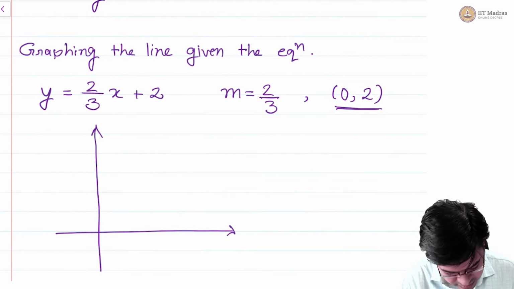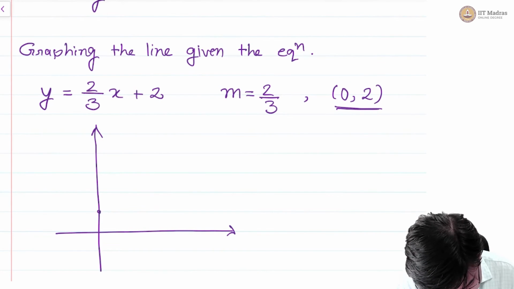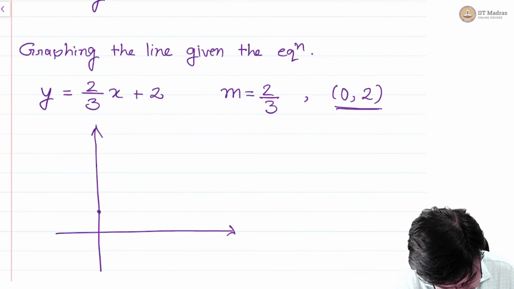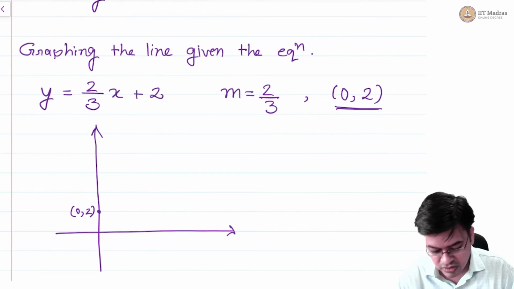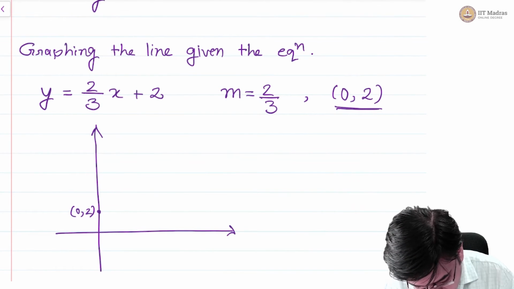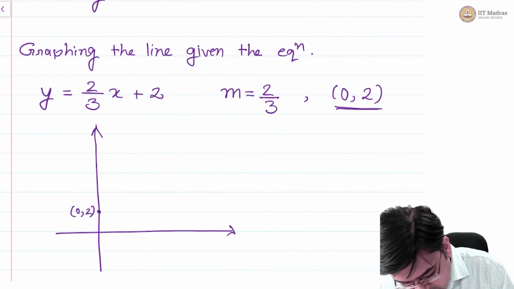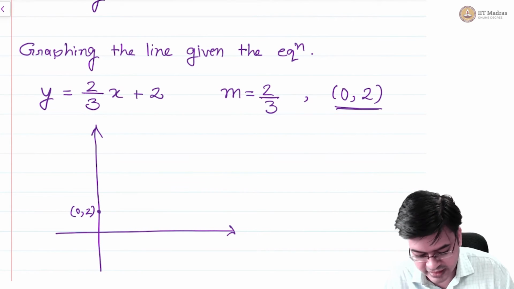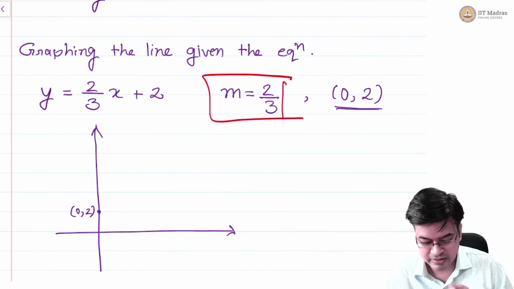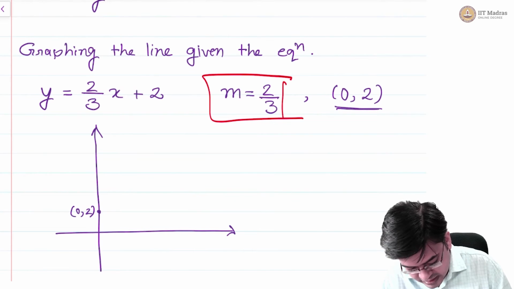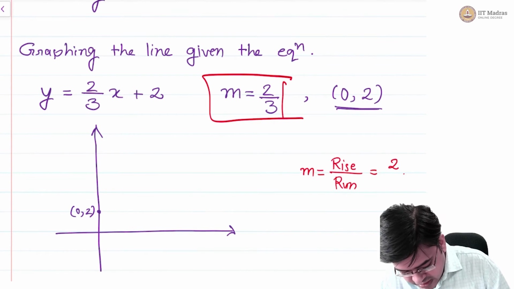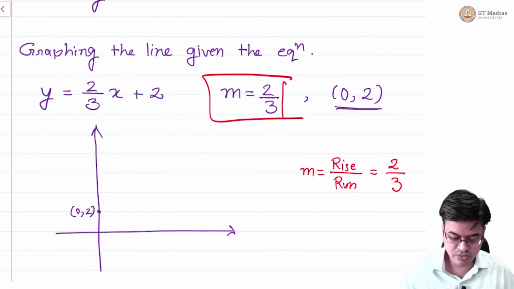0 comma 2 on this axis will lie somewhere here. So this is the point 0 comma 2. Now you have been given that the slope of this line is 2 by 3. That means m is nothing but the rise by run ratio. Now you exploit this particular idea that it is 2 by 3.